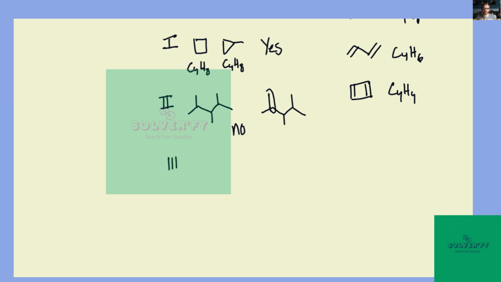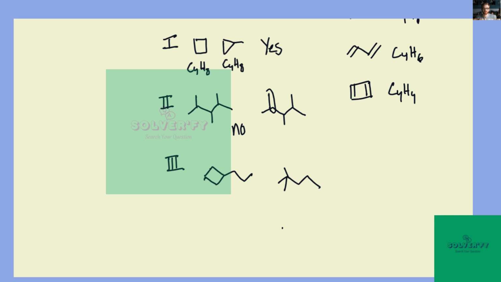Let's look at number 3. Here we have a 4-membered ring, and coming off of that is a 1, 2, 3 carbon chain. And in our other molecule, we have a 1, 2, 3, 4, 5 carbon chain with 2 methyl groups on carbon 2. Again, via our formula, we know that whether or not the number of carbons is the same, the number of hydrogens definitely isn't, because we have 1 cyclic structure here and none here.